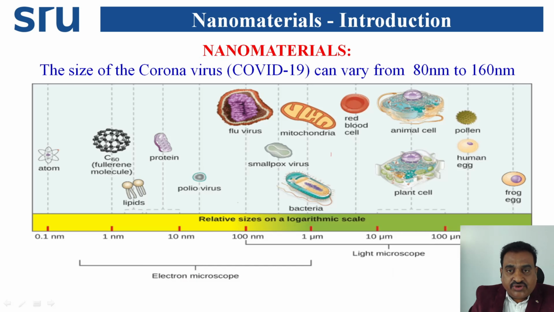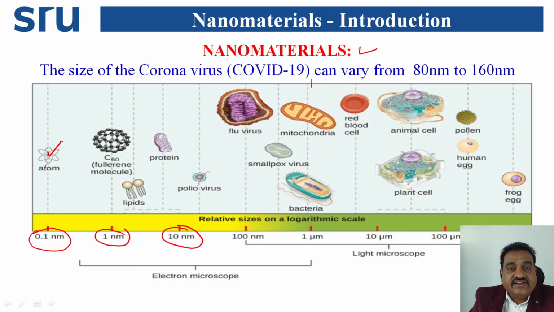Nanomaterial related, you can observe here: atom particle size 0.1 nanometer, C60 fullerene molecule 1 nanometer. Try to understand protein and virus at 10 nanometers, up to here, frog egg 1 millimeter.